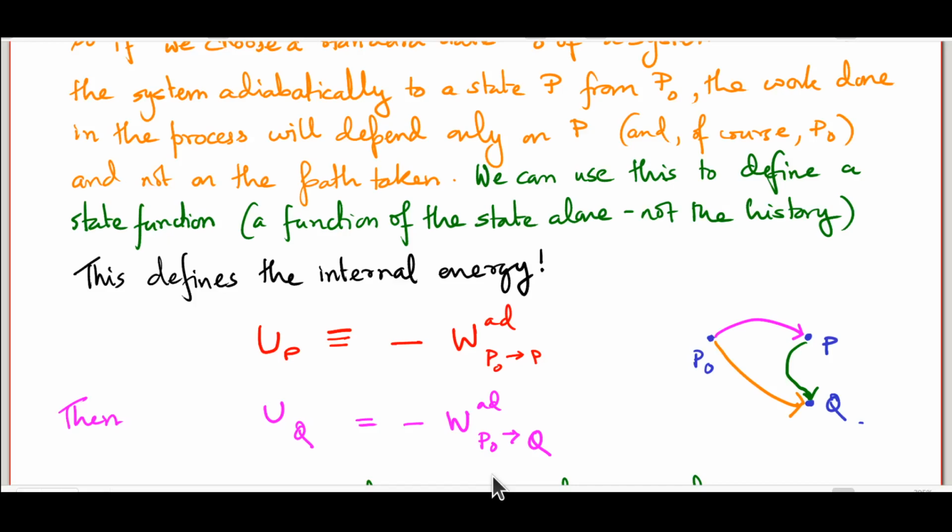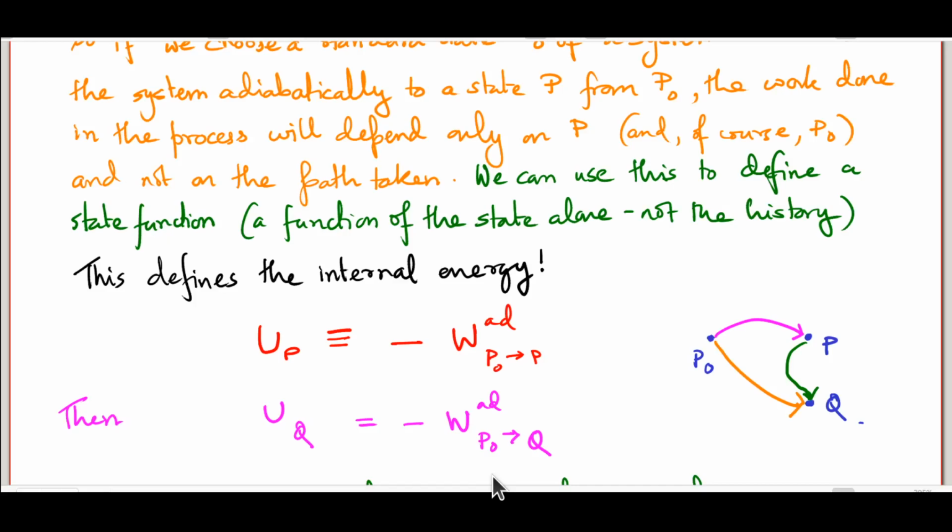The negative sign here is analogous to the negative sign that we have in the definition of potential energy from the work done in mechanics. There too, the potential energy is defined to be the negative of the work done by a conservative force to take a point particle from some standard initial position to its current location.